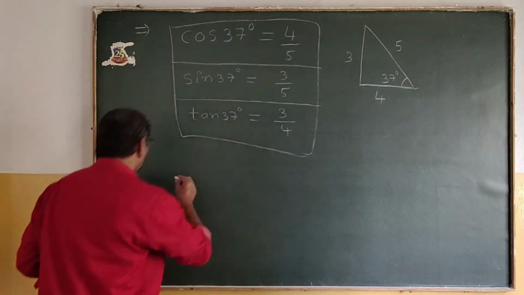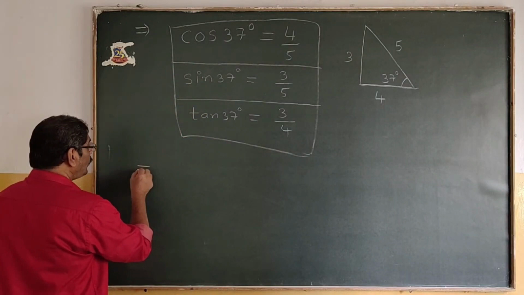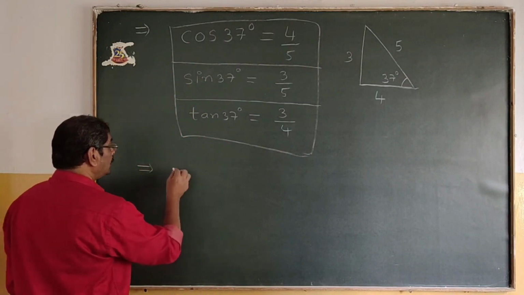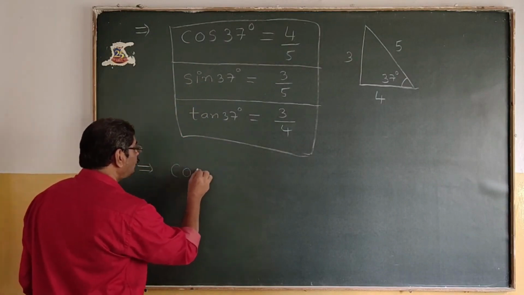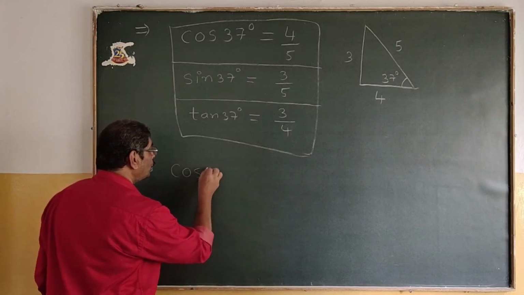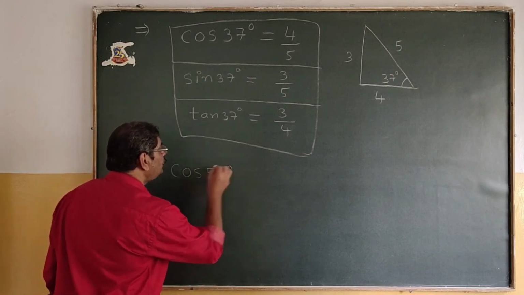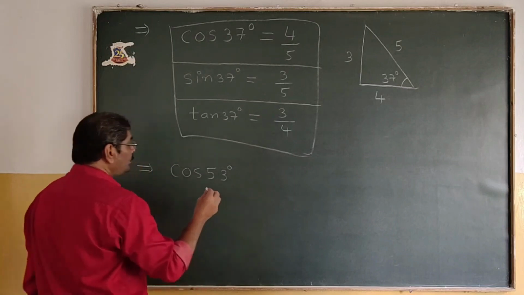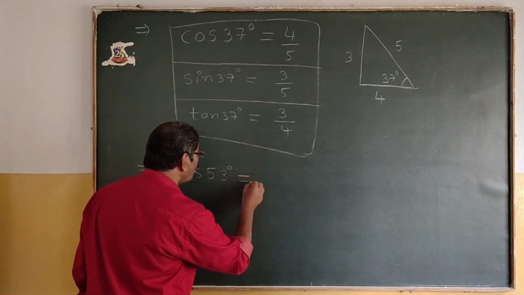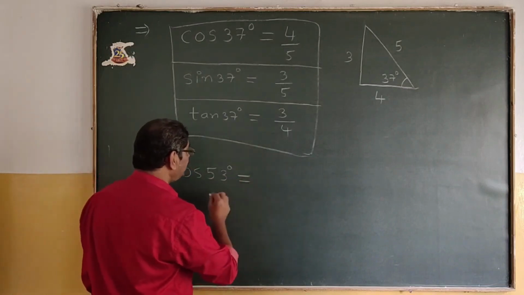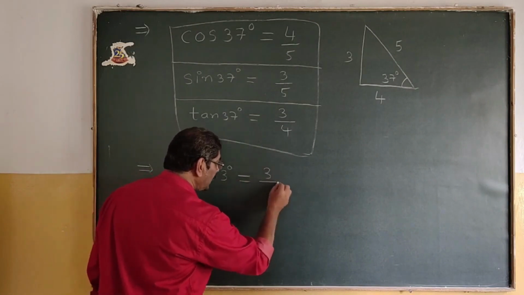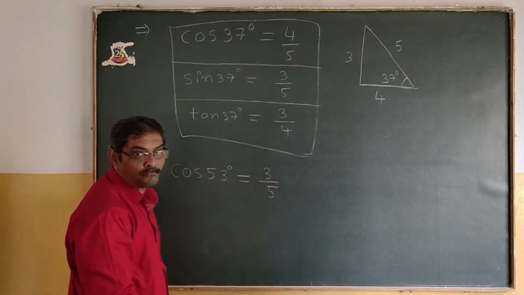Now similarly, remember one more important thing, the value of cos 53 degree. The value of cos 53 degree will be numerically equal to 3 by 5.